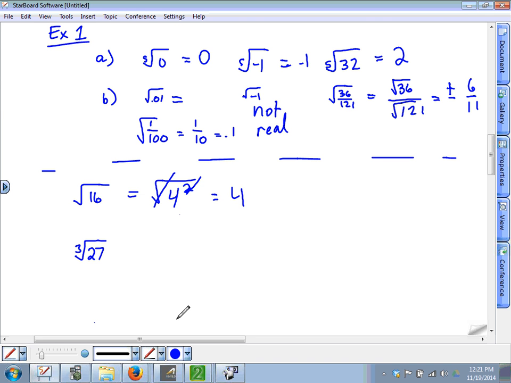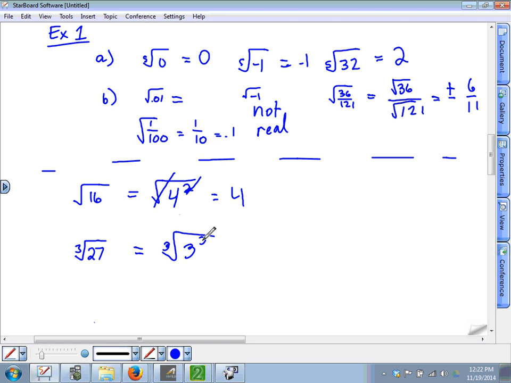Write 27 as something to a power of 3 and then see if you can cancel some things out to find out what the answer is. What is 27? Cube root of 3 cubed.